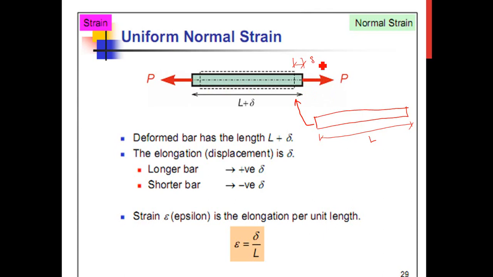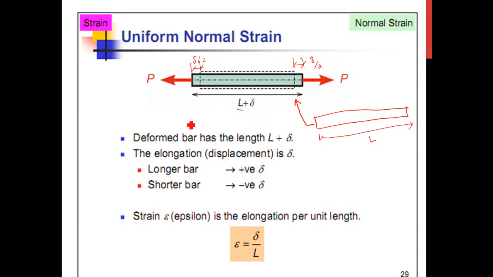Let's say this is delta over 2, and this is another delta over 2. So the total length after the bar is subjected to load P is equal to L plus delta over 2 plus delta over 2, which is equal to L plus delta.